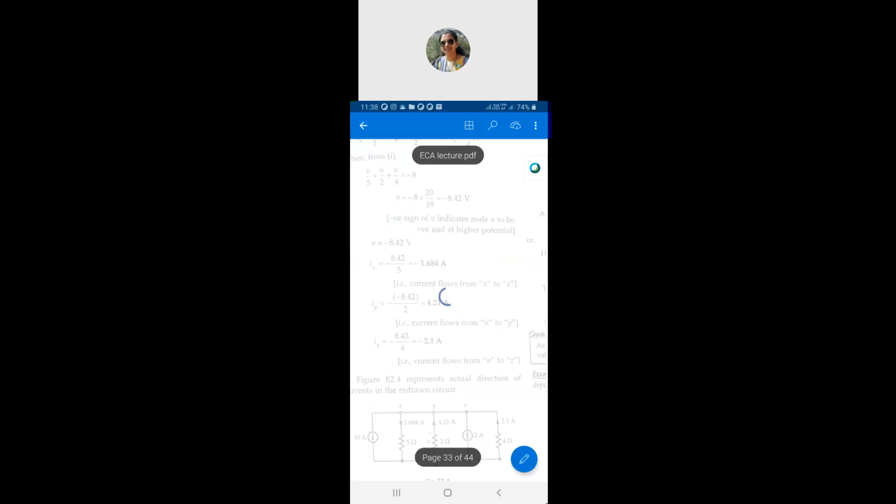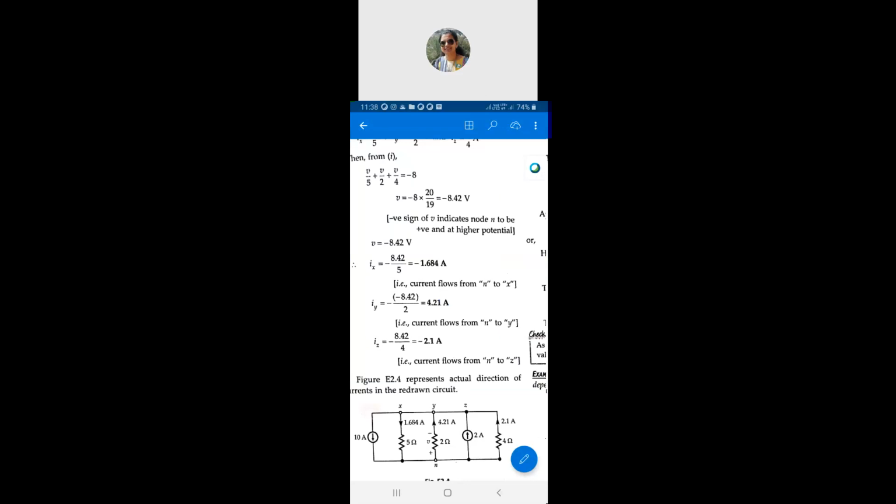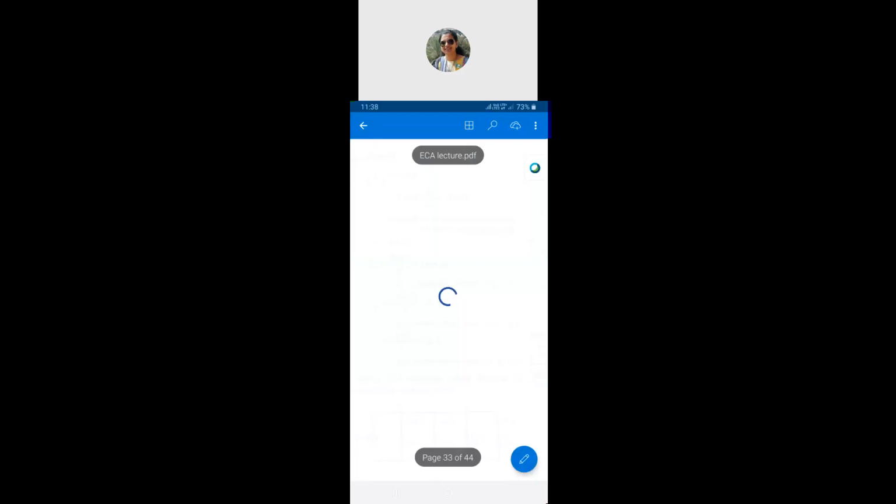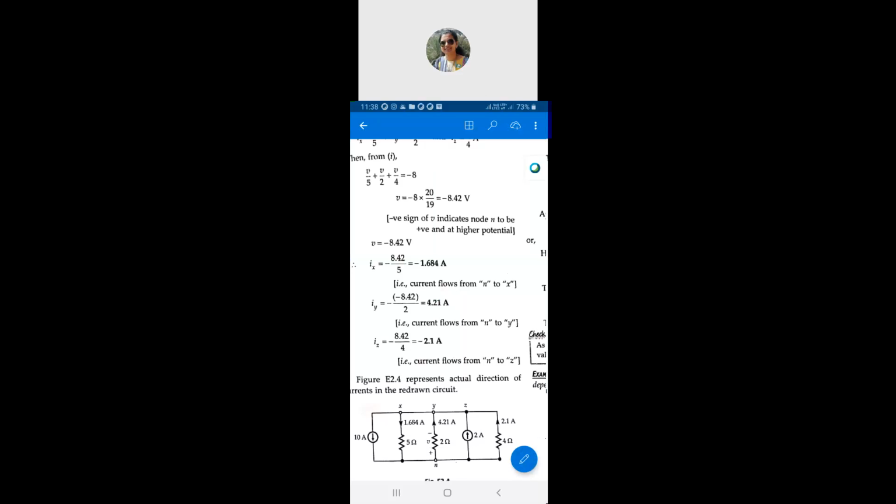Yes, I think we have discussed thoroughly Kirchhoff's current law. Is it right? We have discussed Kirchhoff's current law and current division. Right? Right.